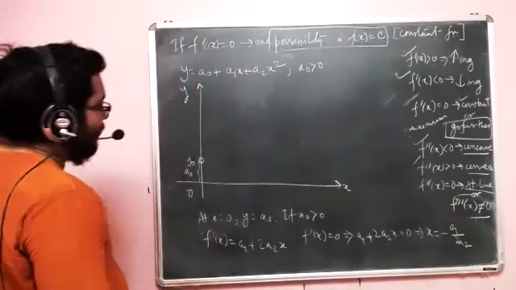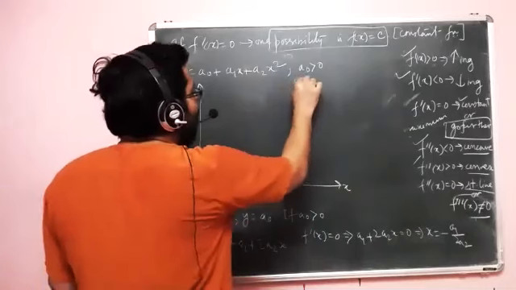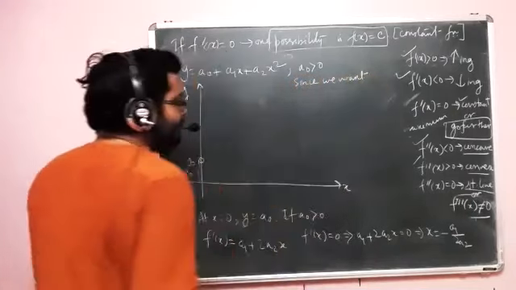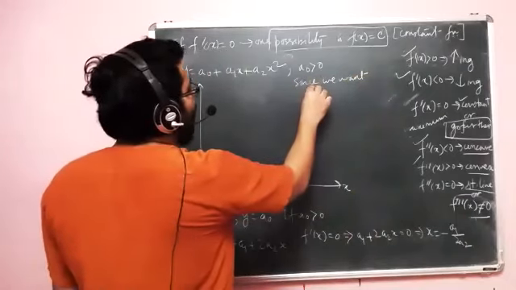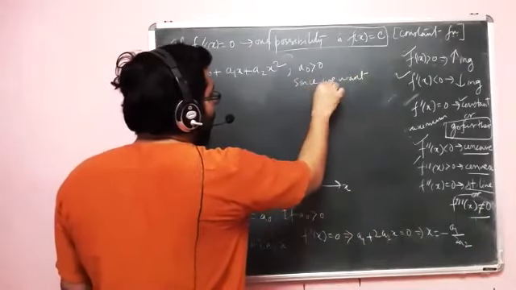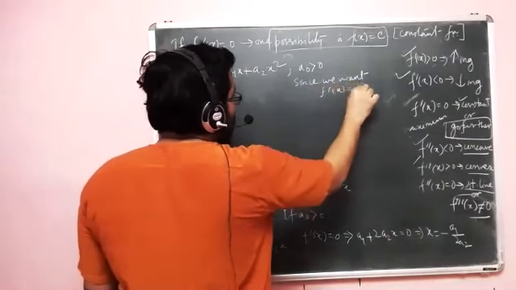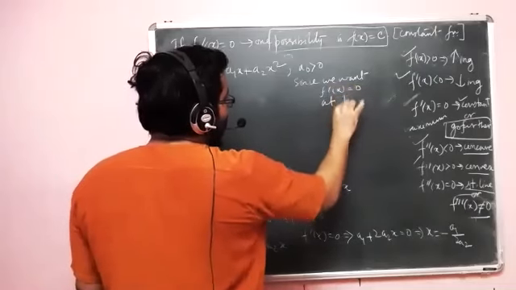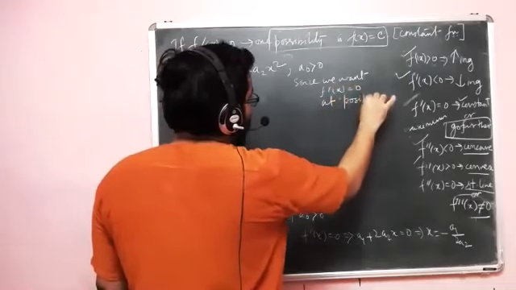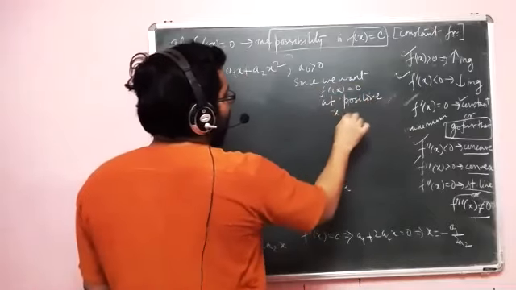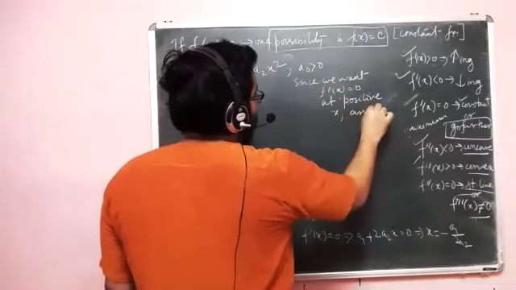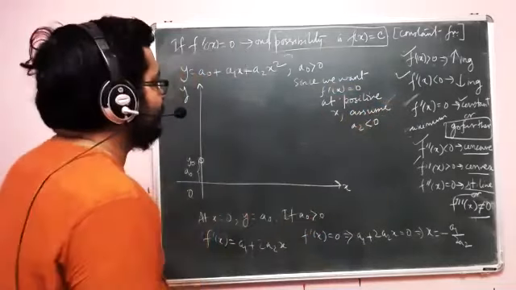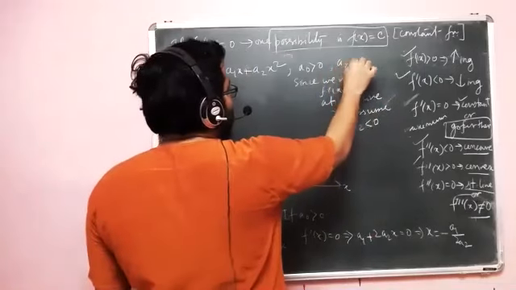So for our help, since we want f dash x equal to 0 at positive x, assume a2 negative.